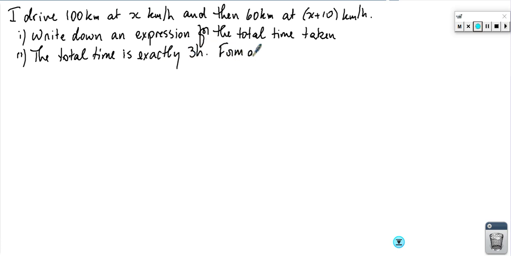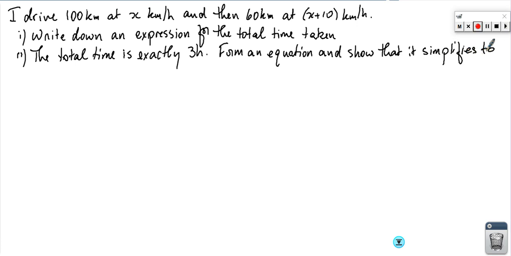Form an equation and show that it simplifies to 3x squared minus 130x minus 1000 is equal to 0.